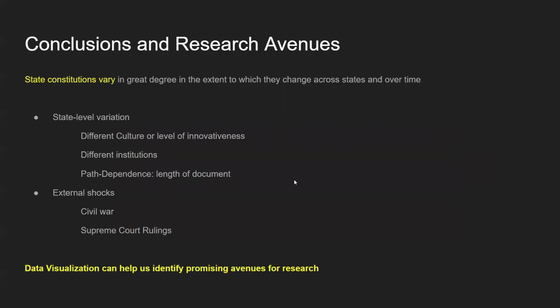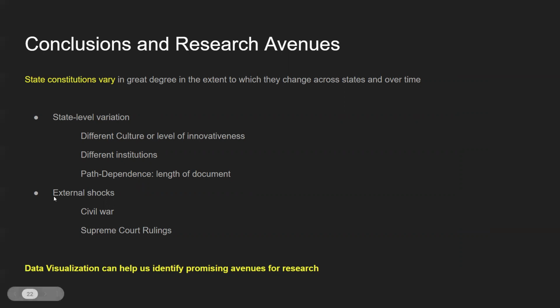So in conclusion, we have seen that there's a lot of variation in the degree to which constitutions change across states and over time. And that by itself is very interesting. For future research, we saw state-level variation, like how differences at the state level could be driving all of this.